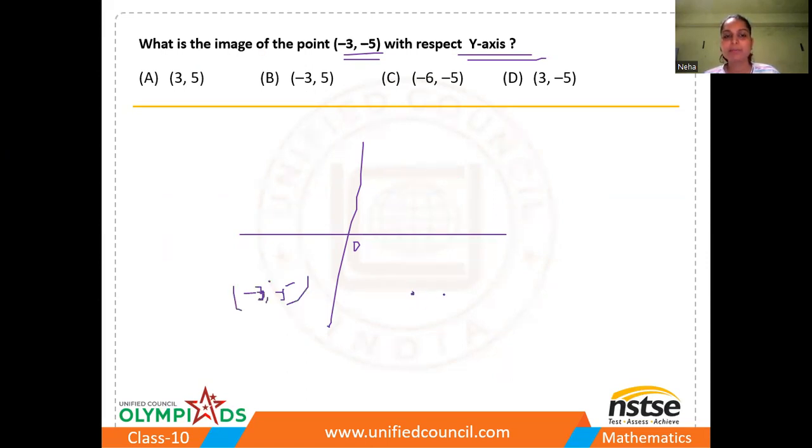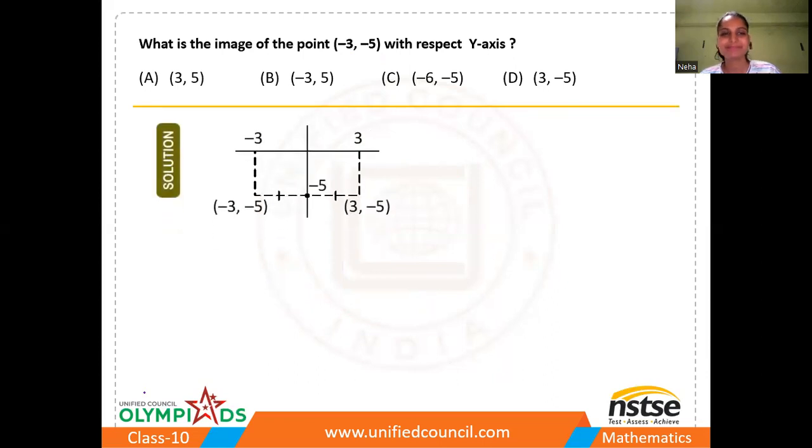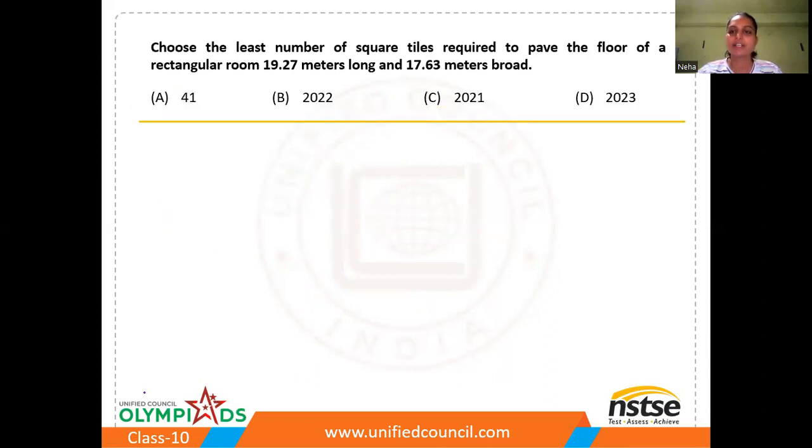So image will appear here, right? Now in this portion, the x will be positive and the y will be negative. So it will be 3, -5. Correct? So these type of questions, as I told you, can save some time for you. All right. Now the next question. Here is the next one.